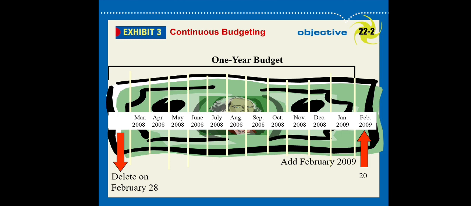So when February 2022 is started, the business already has a 1-year budget from February 2022 to January 2023. And then at the end of February 2022, the business will prepare a budget up to February 2023. So at all times, the business will have a 1-year budget. That kind of budgeting practice is called continuous budgeting.